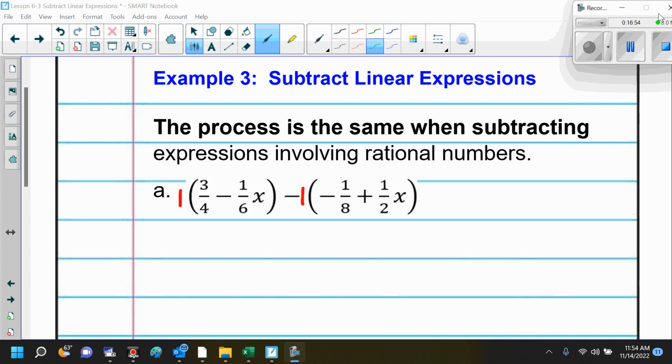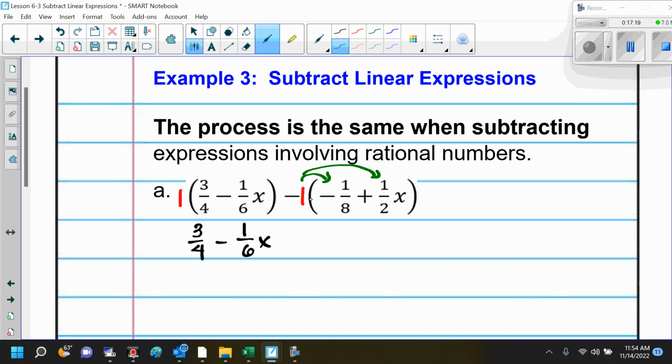All right, so for example 3, we're going to use this distributive property method. So when we distribute a positive 1, of course, nothing changes, so we can just rewrite. So we have 3/4 minus 1/6 x, okay? And now we want to distribute that negative 1 throughout the parentheses.